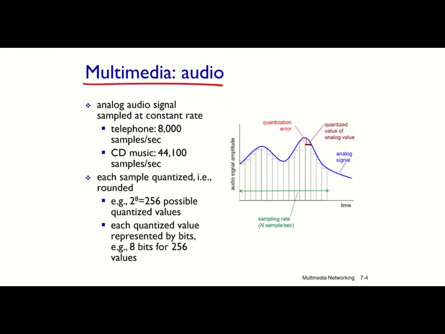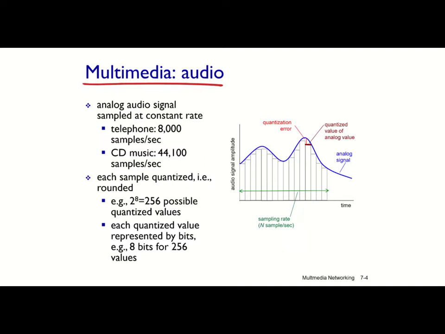As you know, the audio is an analog signal, and the question is how we can store audio digitally. To do this, the first thing we need to do is called sampling.